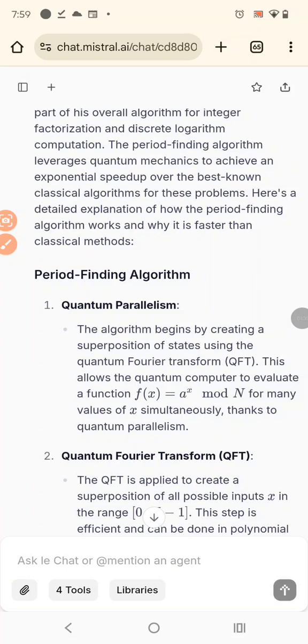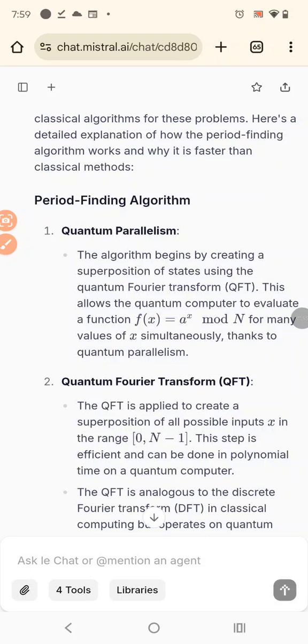Thanks to quantum parallelism, f(x) = a^x mod n can be evaluated for various values of x simultaneously.